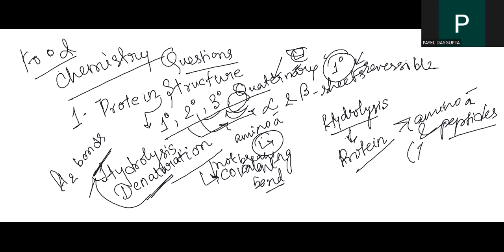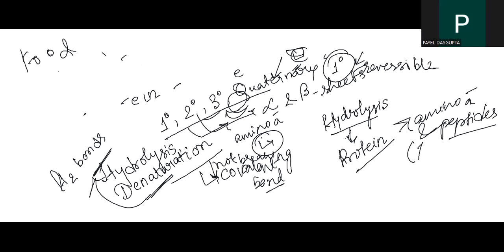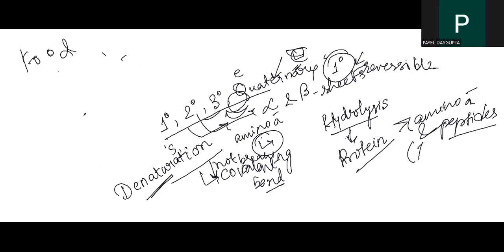Is it okay? So the next thing, I'll just club it again. The first question was regarding the difference between the hydrolysis of protein and denaturation. What are the basic points?